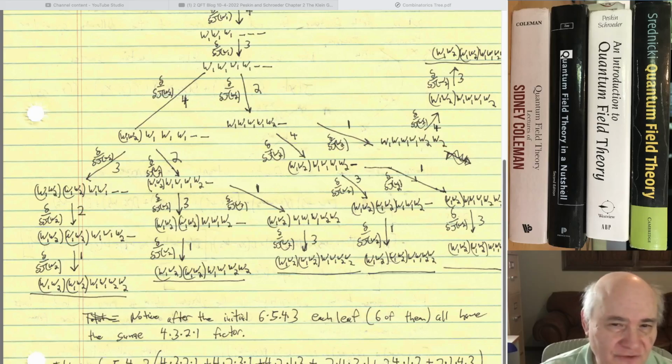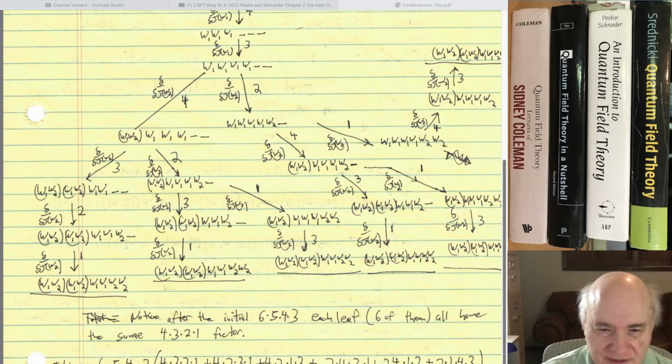And all of them have the same number of combinatorics, but they're written in different orders. They're all 4 times 3 times 2 times 1. And sometimes they're like 4 times 3 times 2 times 1, and then 4 times 2 times 3 times 1, 4 times 2 times 1 times 3, and so on. So there's a total of 6 of them. So you get 6 times 5 times 4 times 3 times 6 times 4 factorial. That ends up giving the same thing that I had earlier.